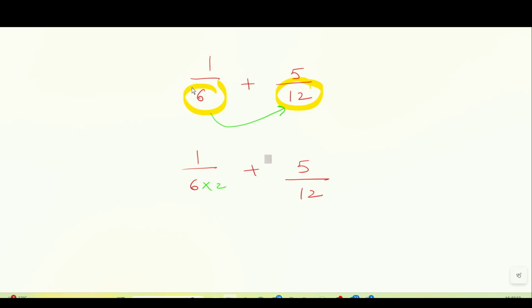Whatever number I multiply the denominator by, I have to multiply the numerator by the same number. So this is going to be 2 over 12 plus 5 over 12, right? Now we have the same denominator, 12, so I will just write it as it is. Add the numerators, 2 plus 5, which is 7 over 12. Is this clear?